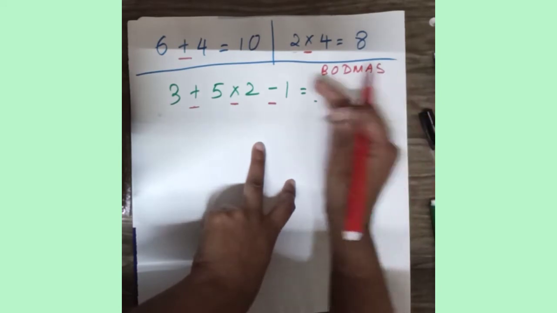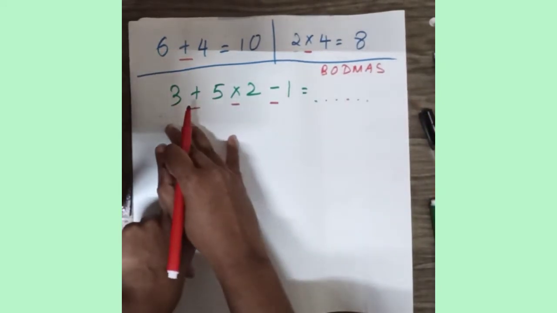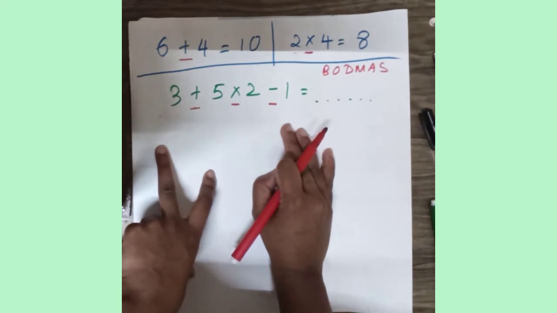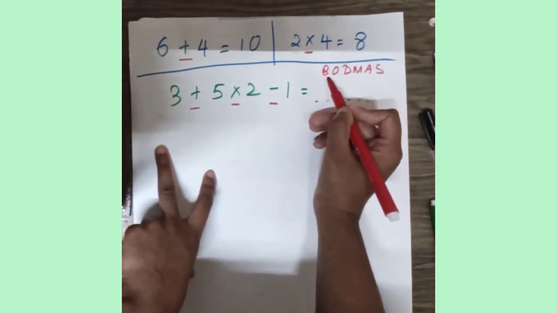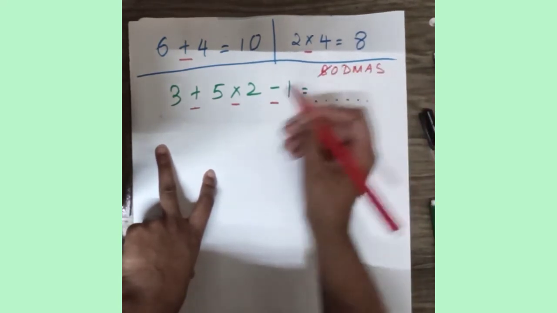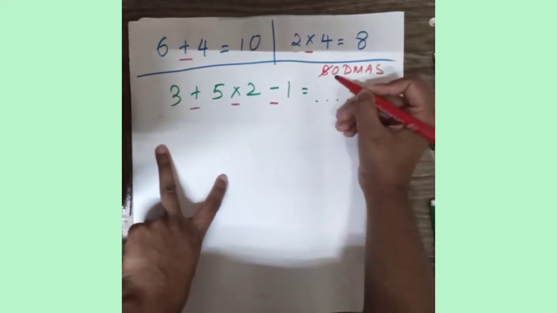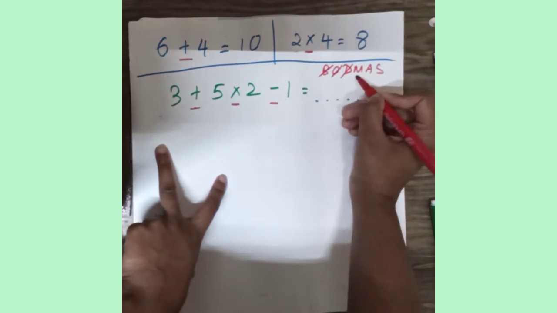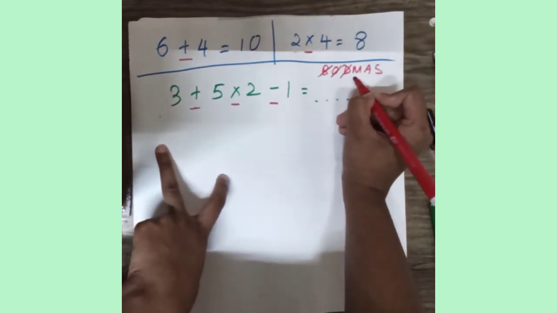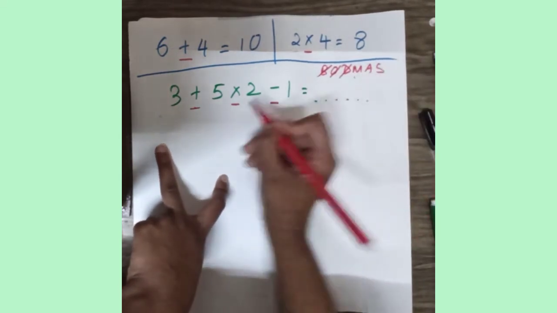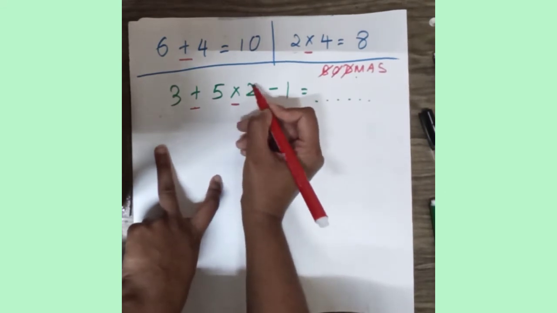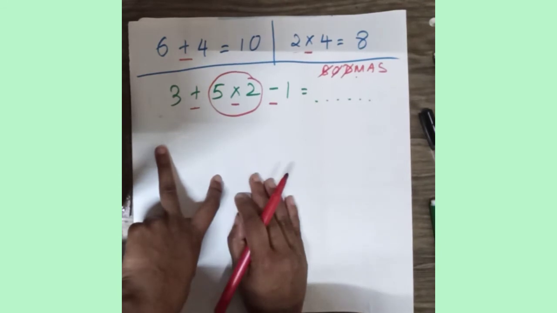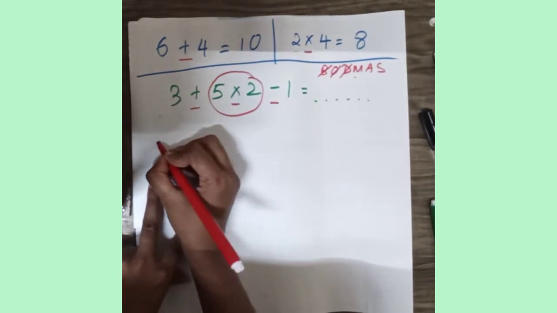So, according to this Bodmas rule only, we have to solve this expression. So, let's check one by one. Are there any brackets? No. Is there any off? No. Is there any division? No. Then comes multiplication. Yeah, there is one multiplication to be done. So, we have to solve this particular part first.